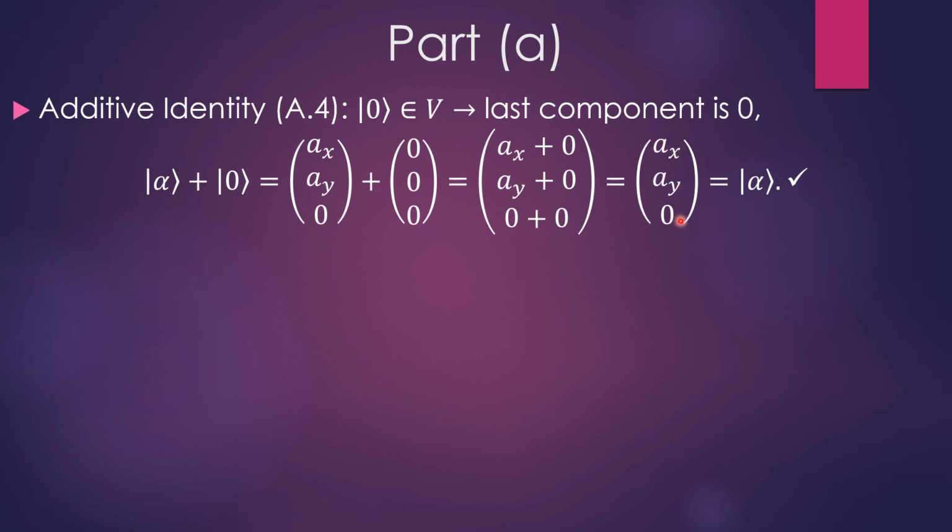That keeps us in the space that we're looking at, and in particular, it returns the same vector. So this is good to go. We do have a null vector, we do have an identity element, and all we had to show is to make sure that adding the 0 vector doesn't kick us outside of the space. We also had to make sure that the 0 vector itself lived in the space to begin with. We'll see why that becomes important in just a moment.